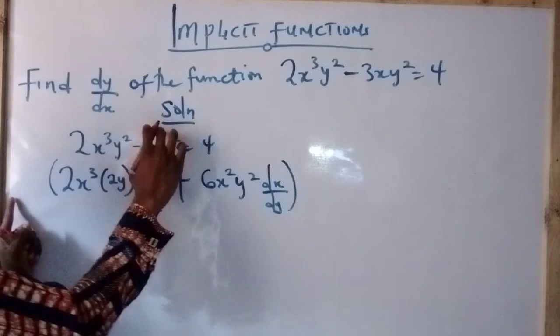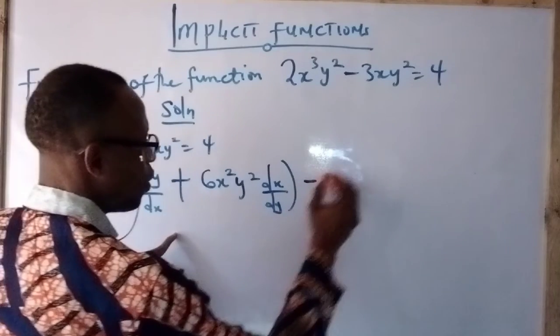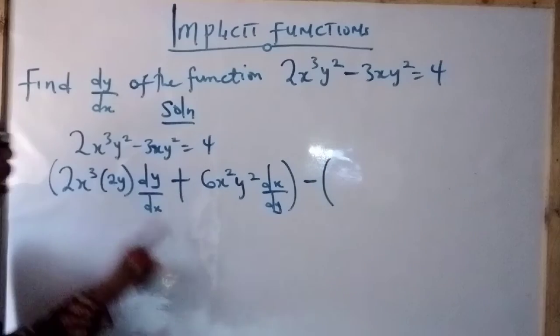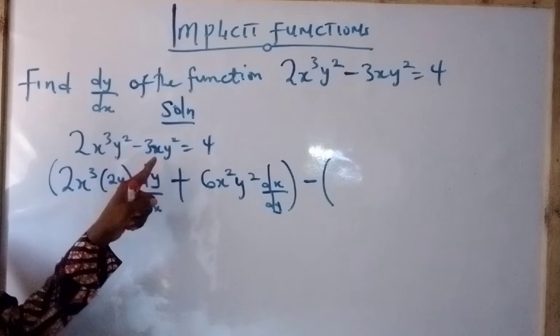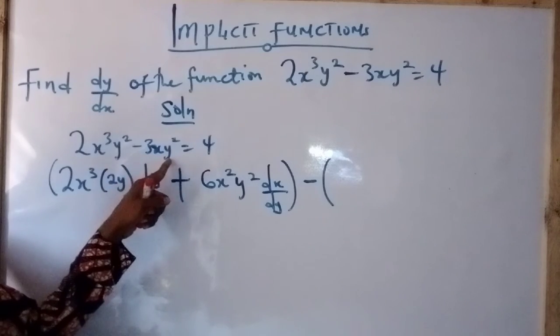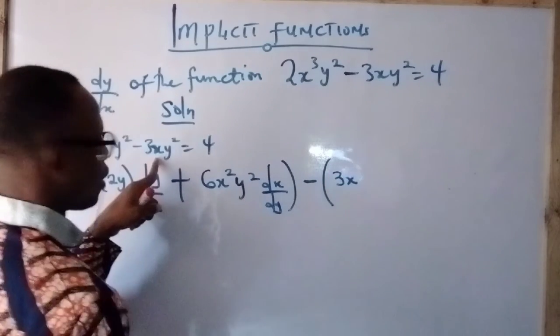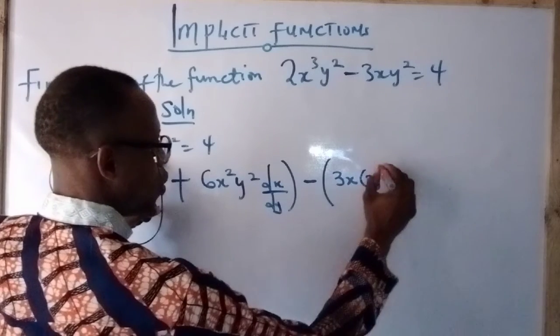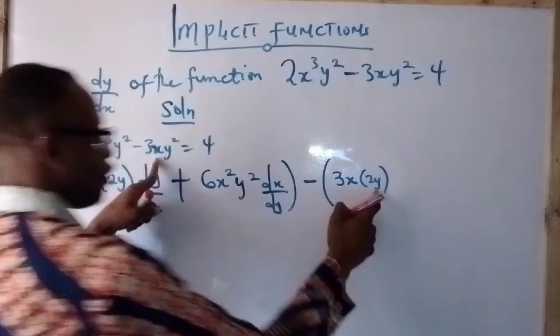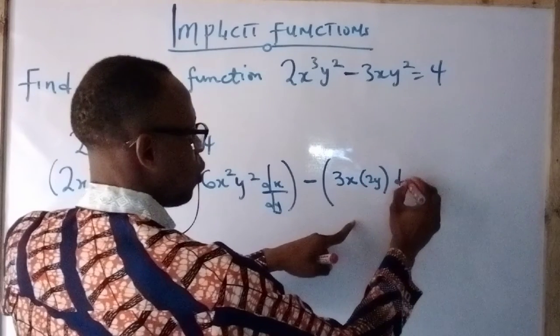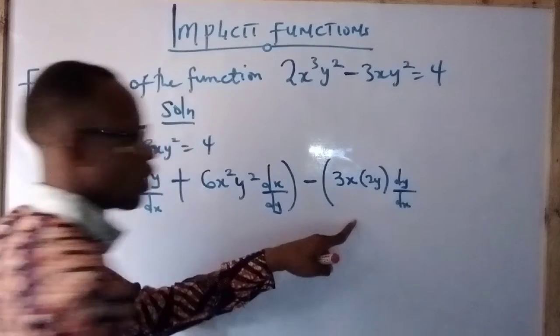Then I'll move to the next one, which is this. Minus, same thing. I will keep x and differentiate y. So here I'm going to have 3x, 2y, then I differentiate y. That's going to give me dy/dx.